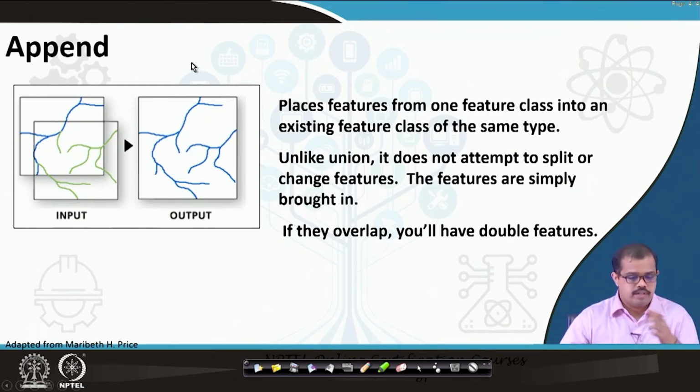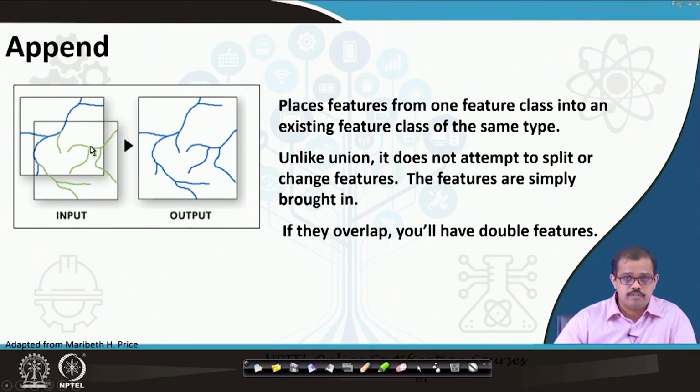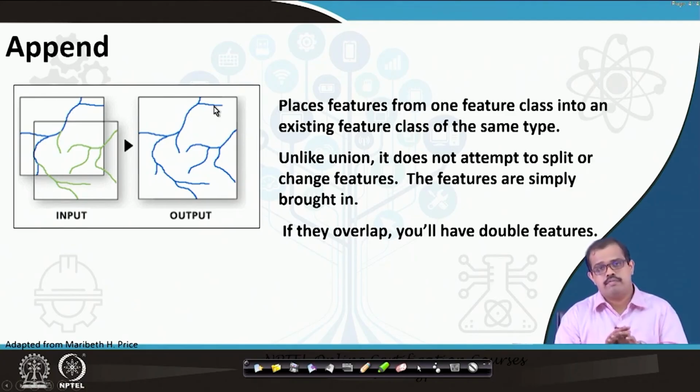If there is one vector dataset that is represented in blue, and there is another input, and you want to append both of these, combining both the attribute data and the geometric data and placing it in the output like this, it does it by default using the append button.